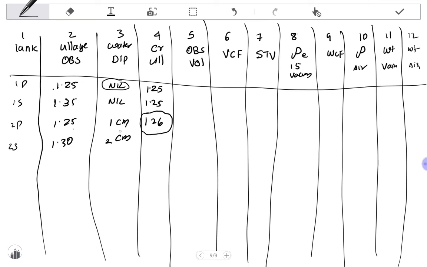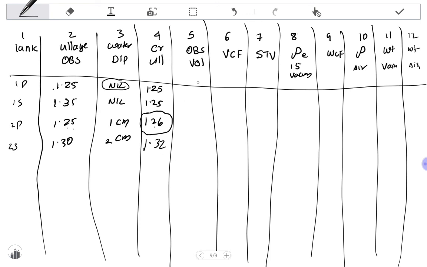In 1.25 meter ullage, 1 centimeter is water. That means 1 centimeter is not a part of cargo space. So if there is no water, then instead of 125 the ullage would be 126. Similarly in this tank 132.